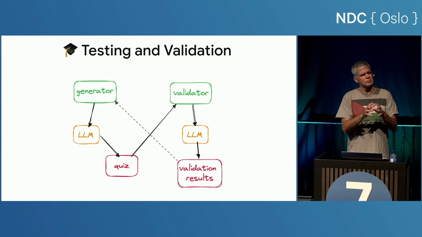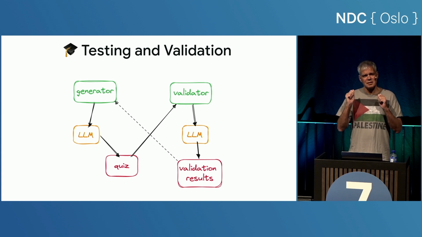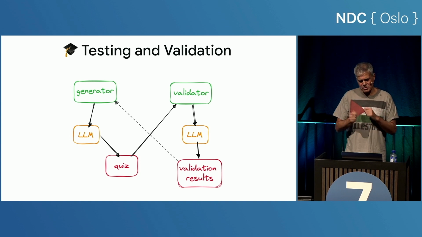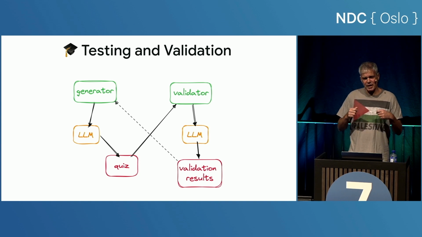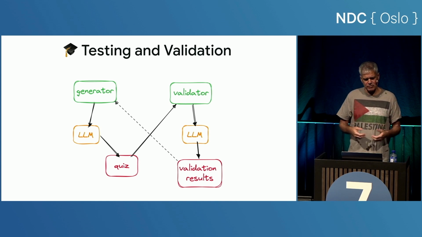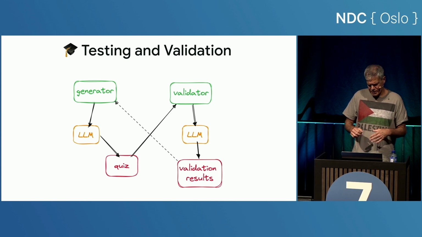We're not going to know with 100% certainty that the quiz is 100% accurate, but we will be able to say something statistically significant. That quiz is 90% likely to be accurate or 60% likely to be accurate, something along those lines. So we're never going to have perfect knowledge, but we're going to be able to infer statistically the quality of our quizzes with this approach.